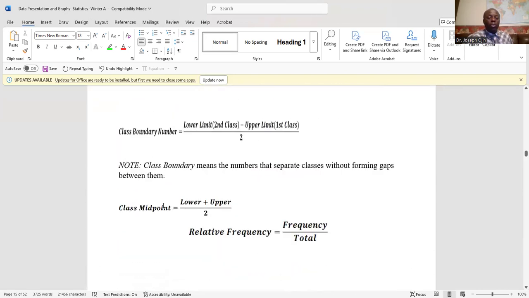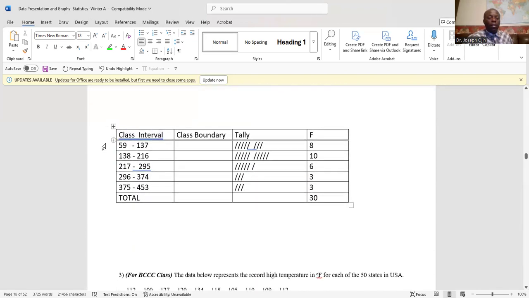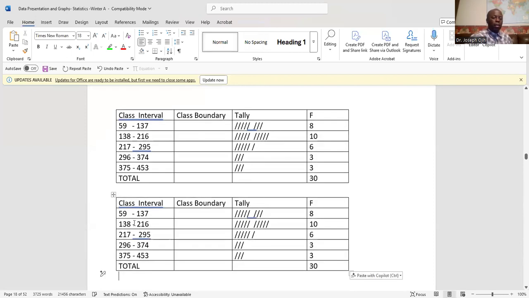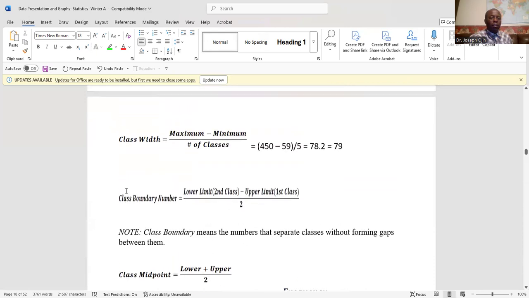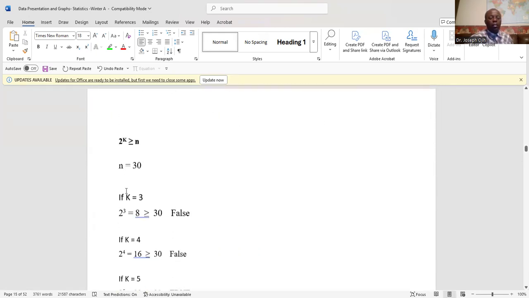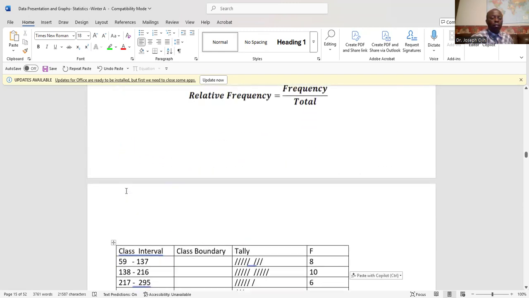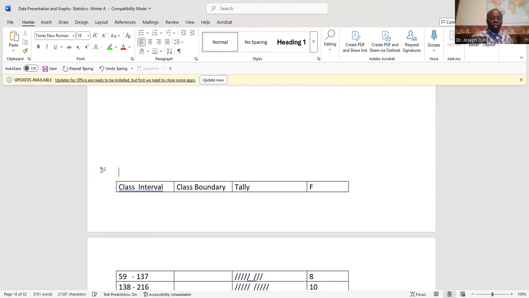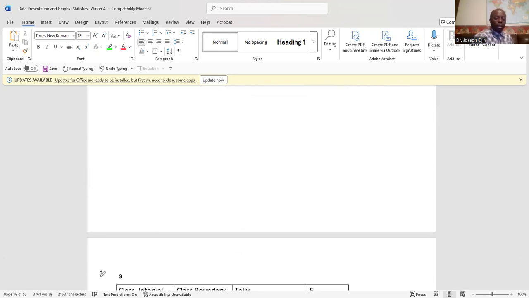So to do that, you can just copy this, paste it right here, and call it A to D. Move it to the next page so you can see what I'm doing. A through D. Okay, that's that section.